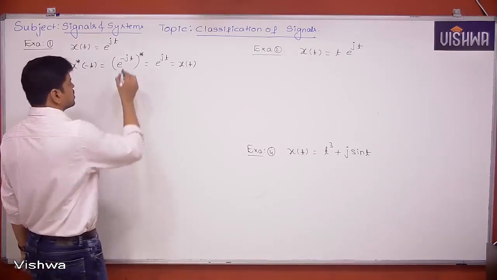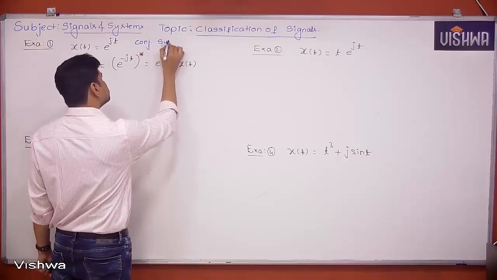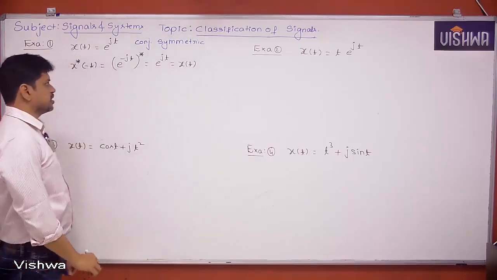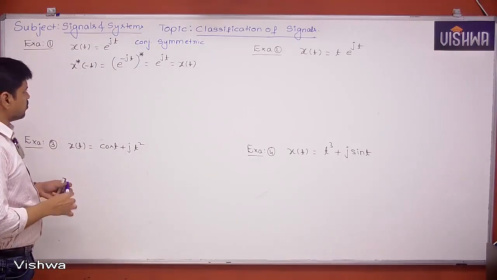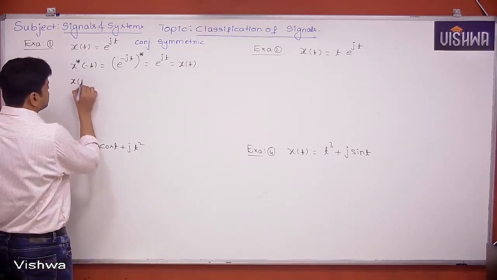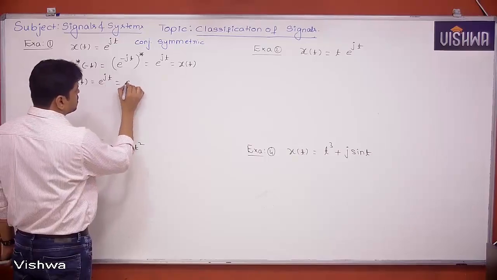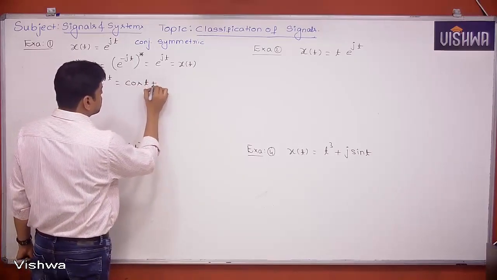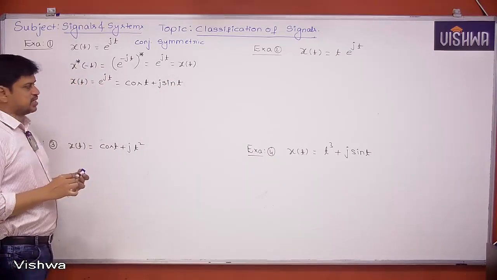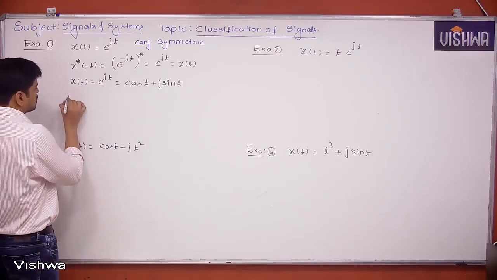What kind of signal is it? Conjugate symmetric. It is a conjugate symmetric signal. But here I want to say some more things. I can write x of t as e power jt, which in the Euler expansion is cos t plus j sin t. In this, can you tell me what is the real part of x of t?